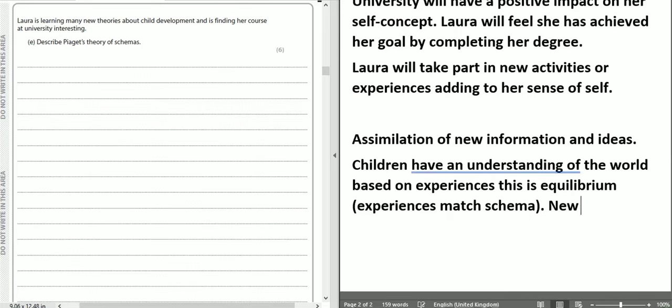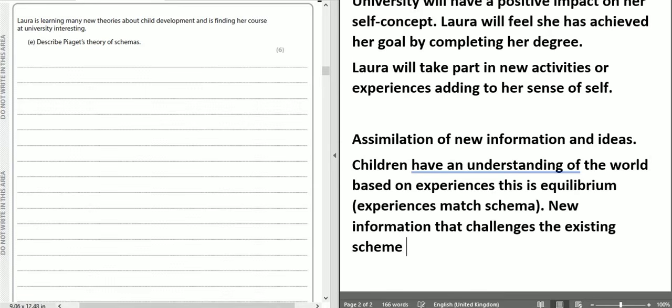New information that challenges the existing schema is called disequilibrium. So new information appears and it disrupts it.